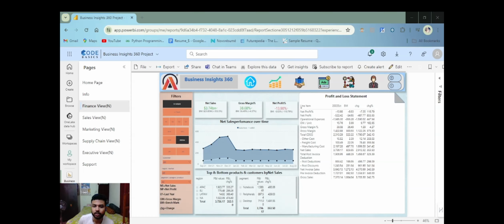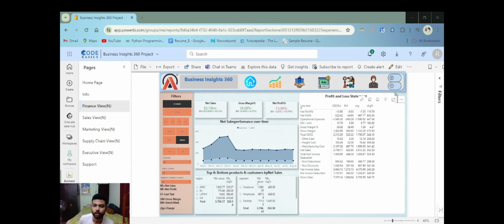Now, coming to the profit and loss statement, it is a very important statement for any organization because it has great significance in analyzing the performance of the entire organization.